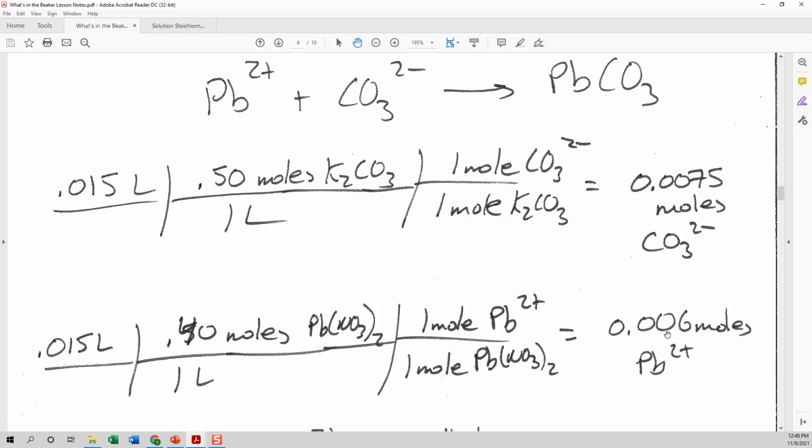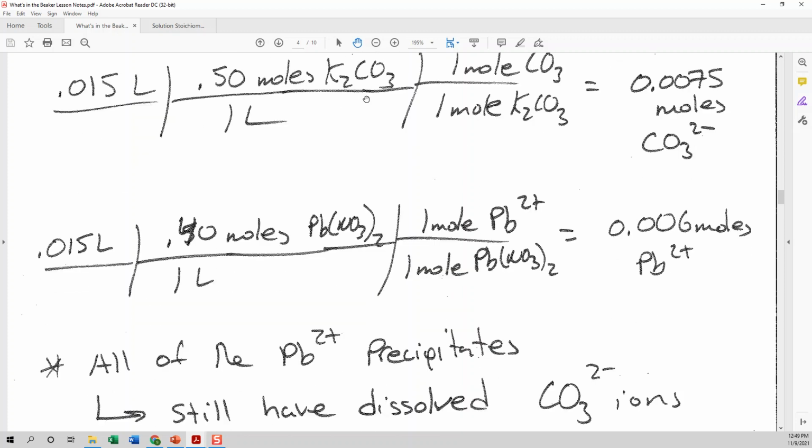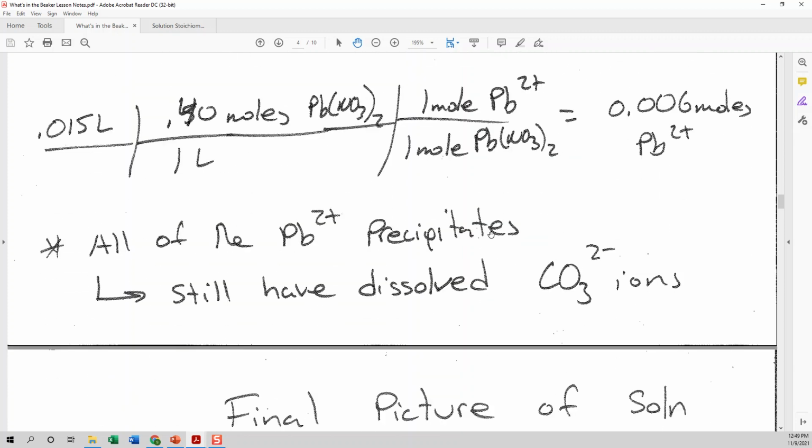We have 0.006 moles of lead, 2+. So they react in a 1-to-1 ratio, so it's easy. We have less lead, so all the lead is going to precipitate out. We're going to lose all the lead, but we're still going to have carbonate, right? Okay. So all of the lead precipitates. We still have dissolved carbonate ions.